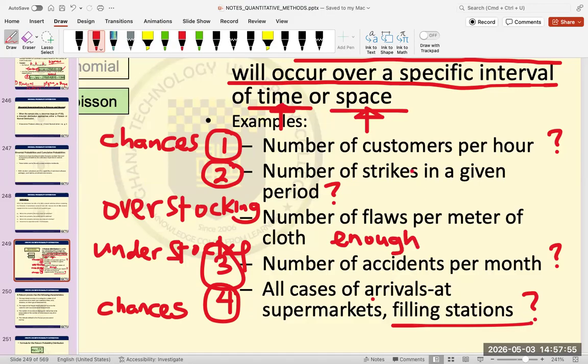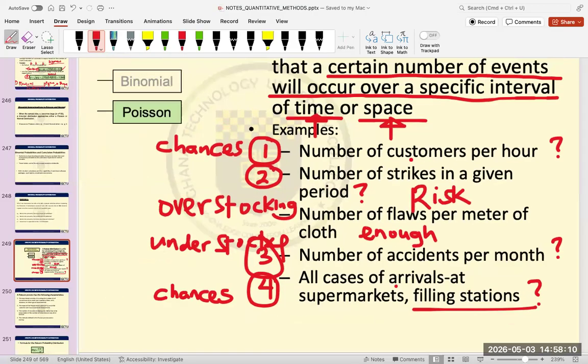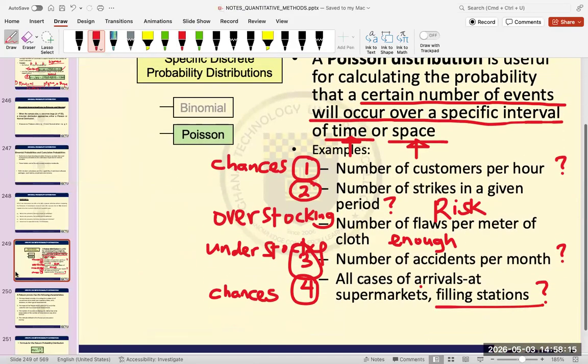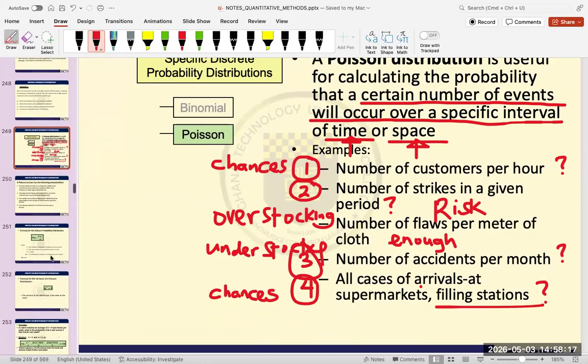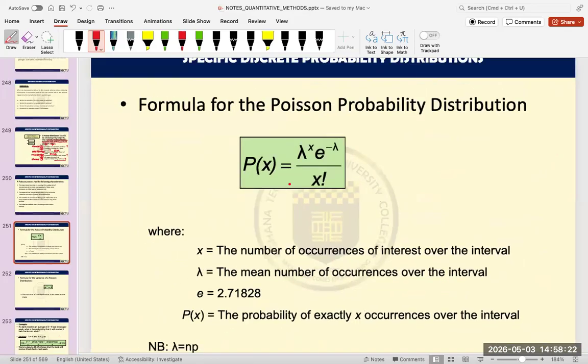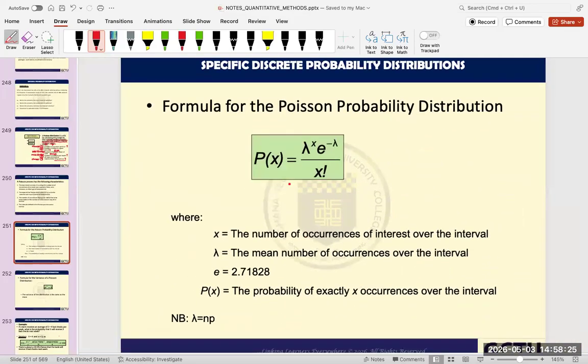So all these are chances we need to measure. And then once you measure them, you calculate your risk very well. This is why we need to know how Poisson works in terms of percentage. Now, the distribution of Poisson is also controlled by another new formula we are learning today, which will also be given to you in the exam.